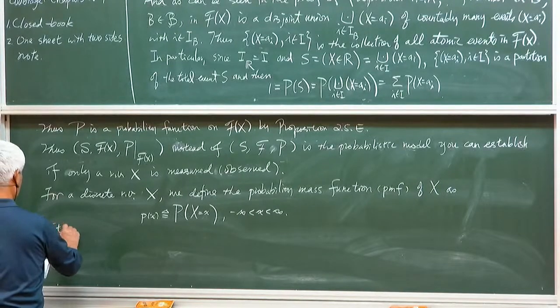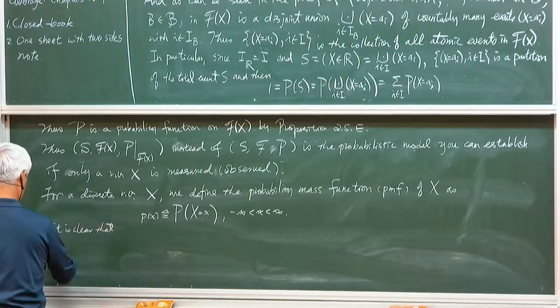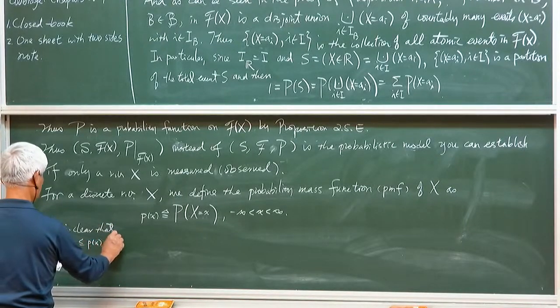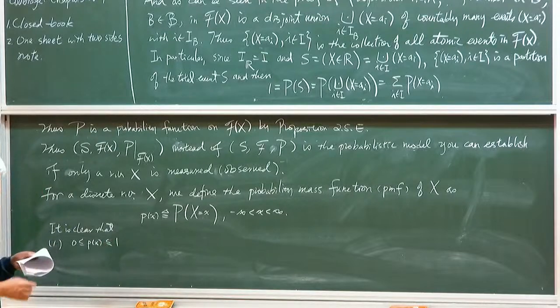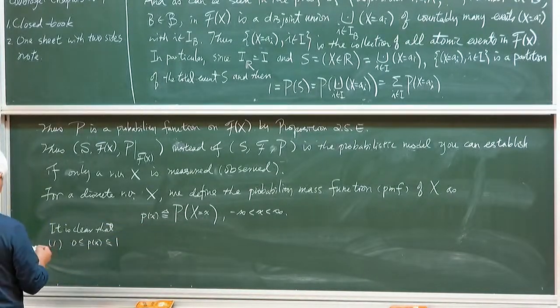Now it is clear that the PMF function has value between 0 and 1, of course, because it's concerned with the probability of events.